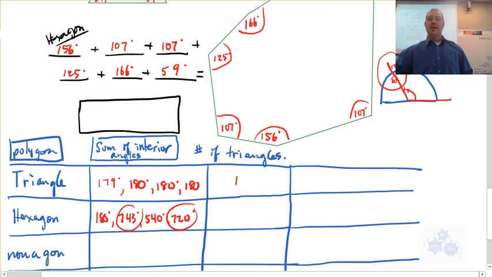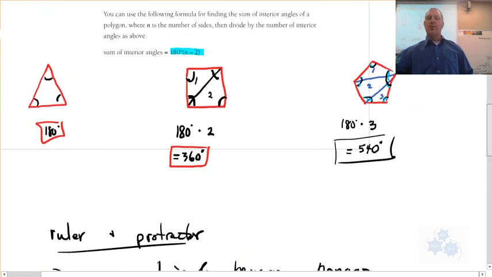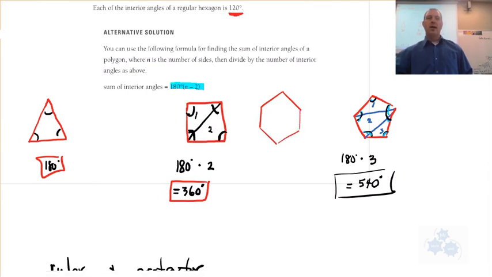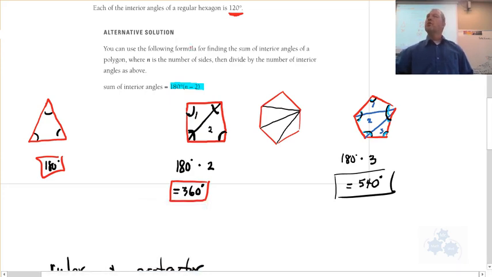I'm not really sure if those are close to the right answer or not. But let's think about it this way, guys. Remember what we did up here. This is super important. A hexagon. If I were to draw a hexagon like this, it doesn't have to be a regular one, how many triangles can I make inside a hexagon? 1, 2, 3, 4.